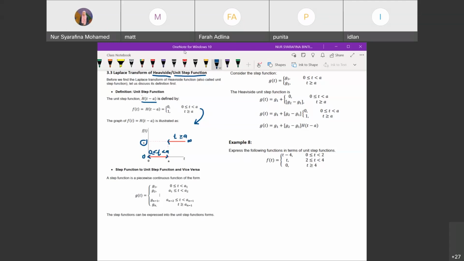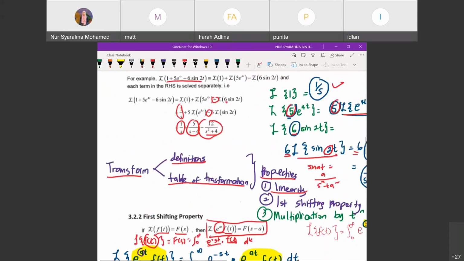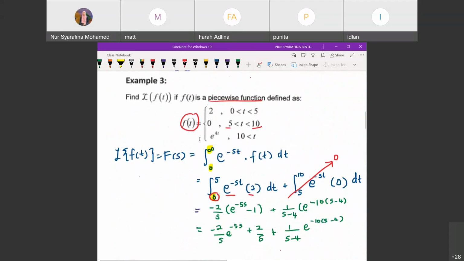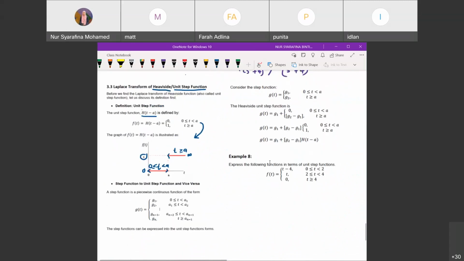Now remember, in our previous example we transformed a piecewise function. How can you transform a piecewise function? By definition, you transform one by one, integrating one by one according to the definition of Laplace. But now, by using this Heaviside function, we can form a step function, which is also called a piecewise continuous function.